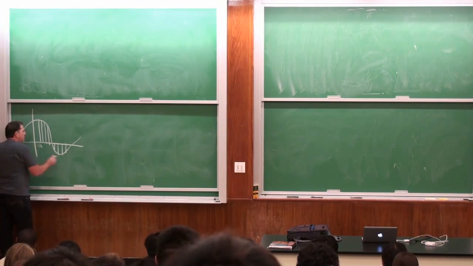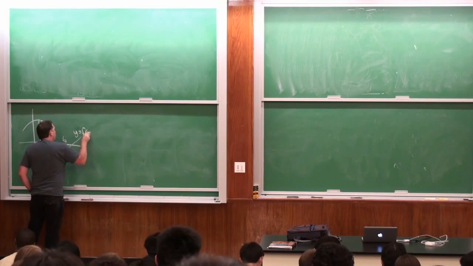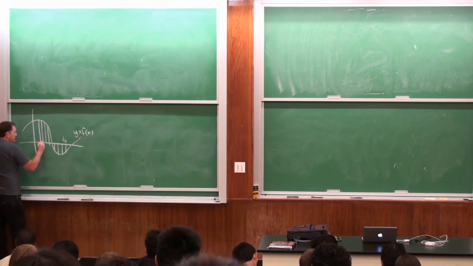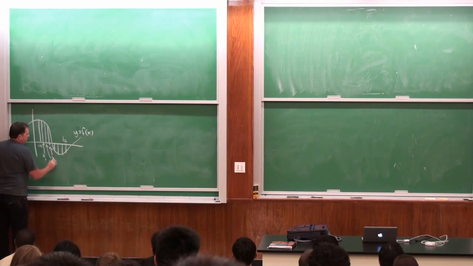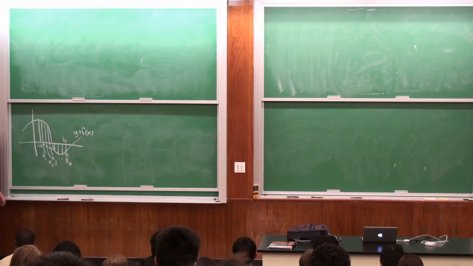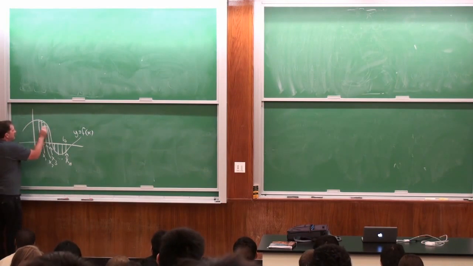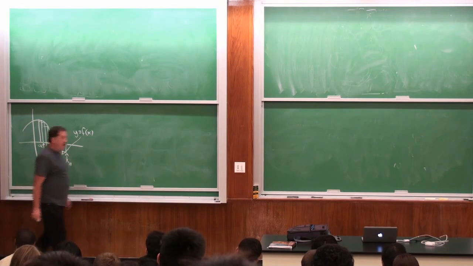I want to go from a to b, graph y equals f(x), and then in each piece, I choose some point, let's say the point on the right, and I call this point x1, this point x2, x3, and this last point is xn. Then we just make little rectangles of whatever the appropriate height is. These heights are negative, and I add them up.